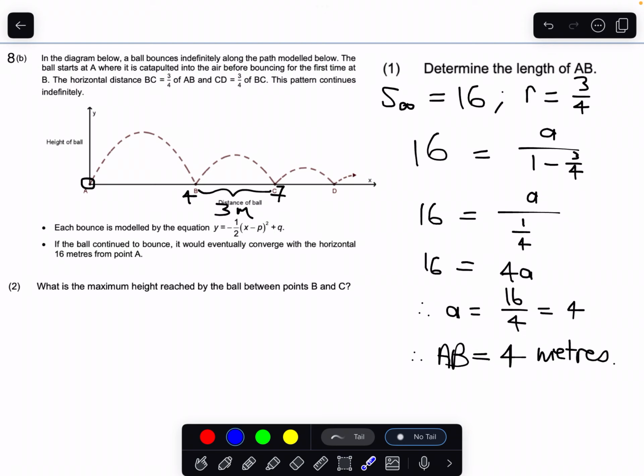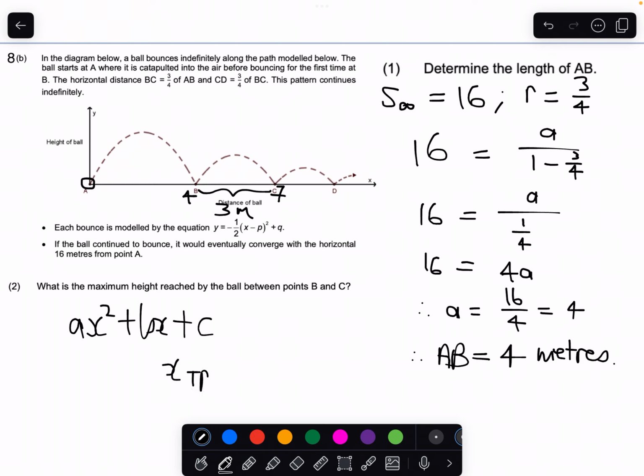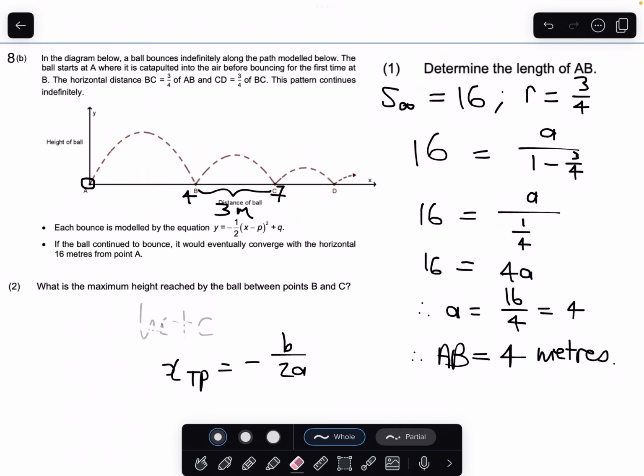I'm just going to do completing the square for fun, but technically once we have it looking like this, we could use our formula for the x-coordinate of the turning point, and then find the y-coordinate of the turning point. But just because I miss completing the square, I'll complete the square.